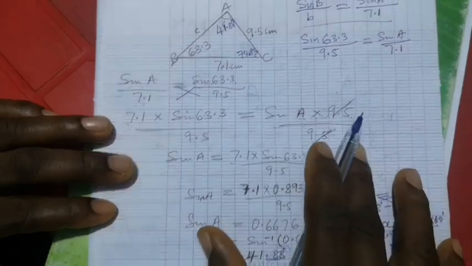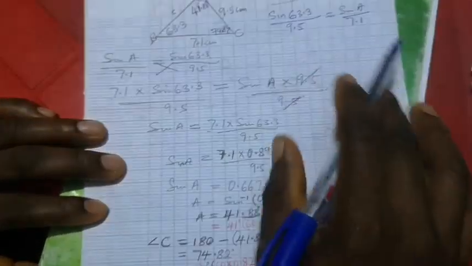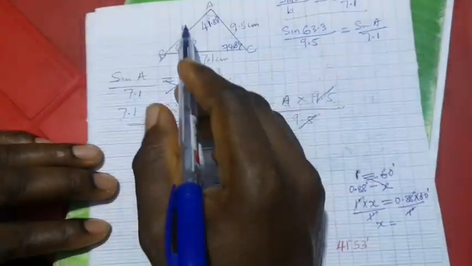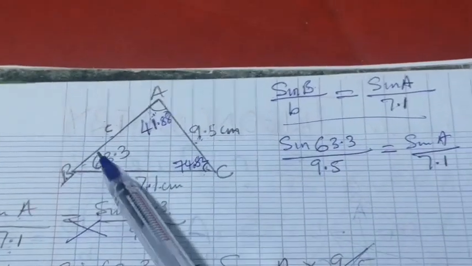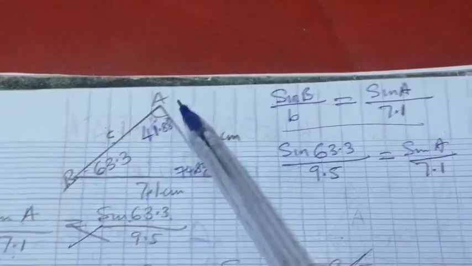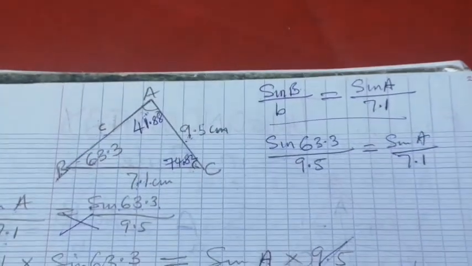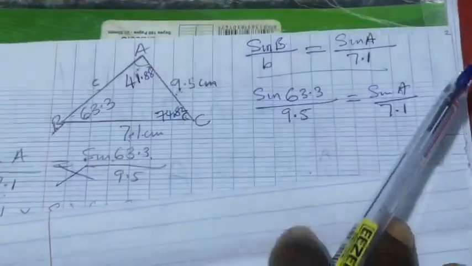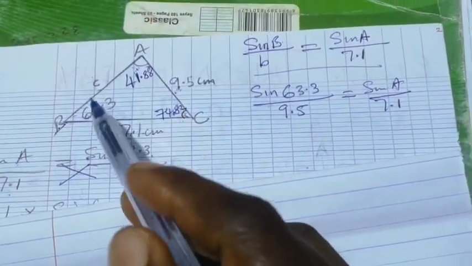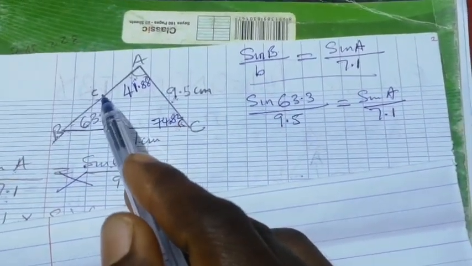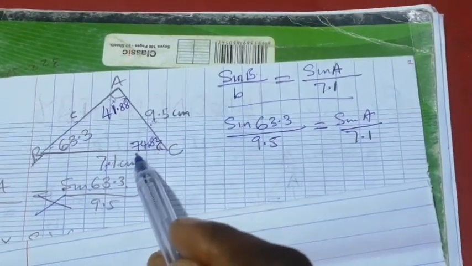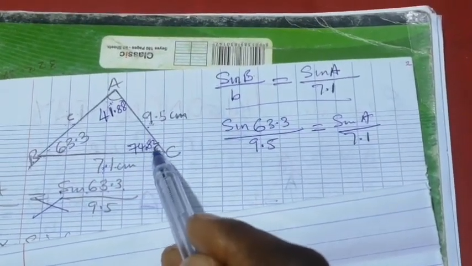Okay, so now we are left with side C. For us to find side C, we are going to use the sine rule. Let's find this side. So for us to find side C, we will compare this side C with angle C, which is sine 74.82.